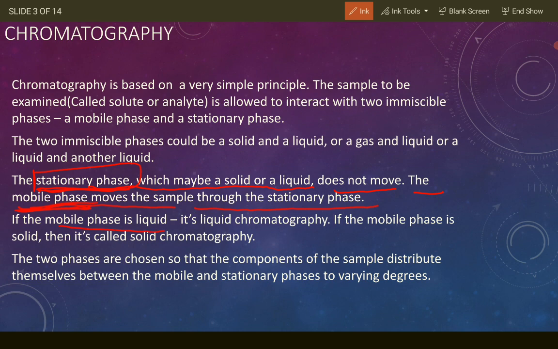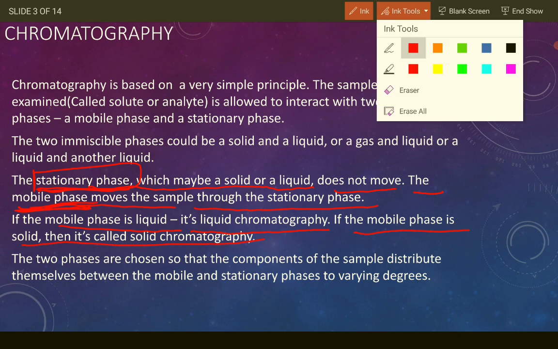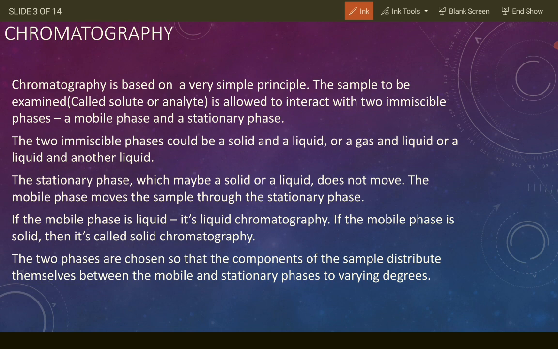If the mobile phase is liquid, it's liquid chromatography. If the mobile phase is solid, then it's called solid chromatography. So the naming structure is based on the mobile phase, right? Liquid chromatography would mean that the mobile phase is liquid. So the naming structure always depends on the mobile phase.